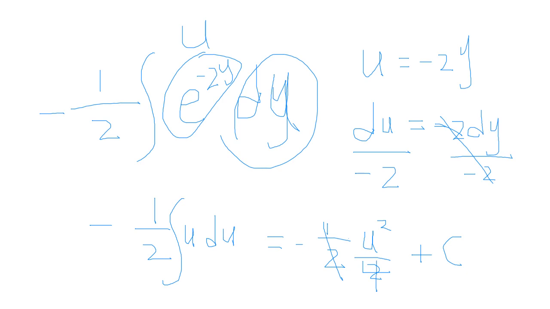What's u? U is just negative 2y. So in the end, it's just going to be negative y to the fourth power. No, y squared, I mean. Because u is negative 2y, negative 2y squared, negative 2 squared is just 4. 4 over 4 becomes 1.